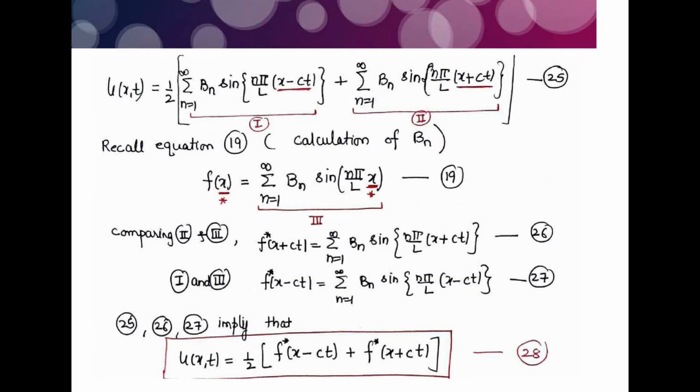So finally, using equation number 19, we can find expressions number 1 and 2 in equation number 25 as f of x plus ct and f of x minus ct. So finally, equations 25, 26 and 27 imply that u(x,t) is given by 1 by 2 times (f star of x minus ct plus f star of x plus ct). That is the final equation number 28.